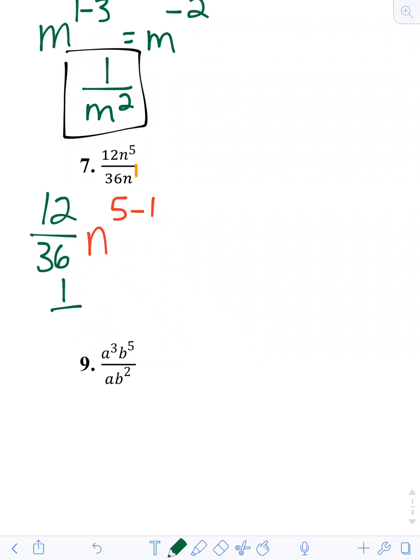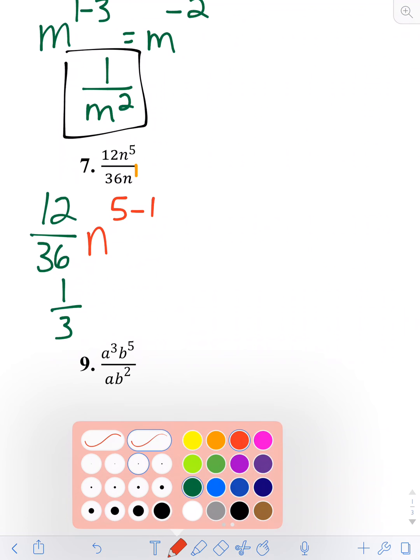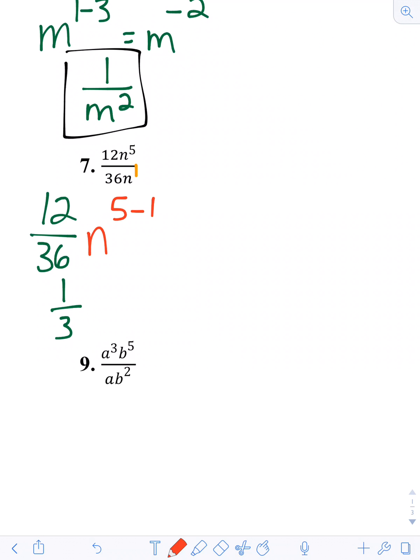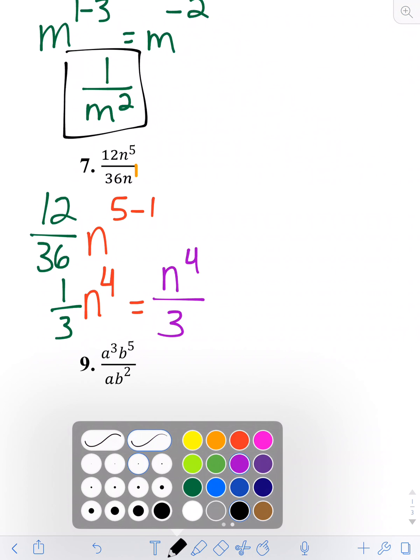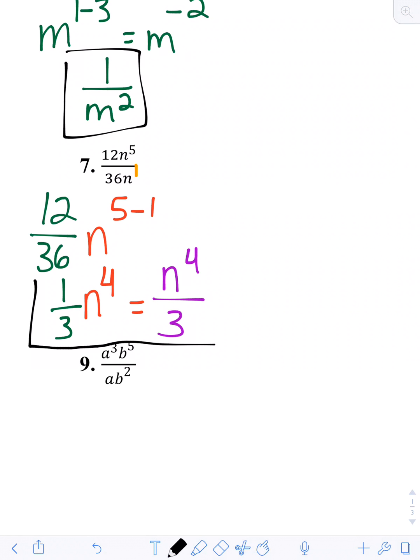So we have 1/3. And then we have n, and 5 minus 1 is 4. You can also see this written as n to the fourth power divided by 3. Both of these are the exact same thing, and I would accept both answers. You just need to make sure you recognize both ways that they can write it for your EOC.